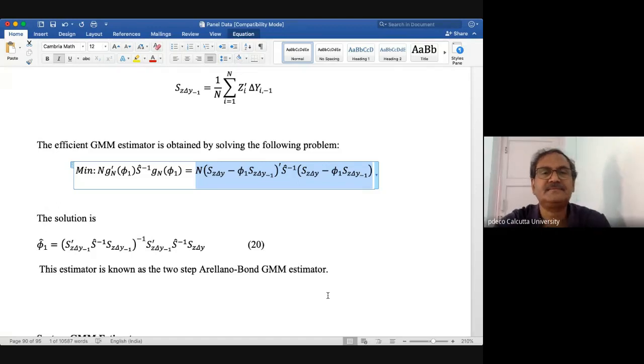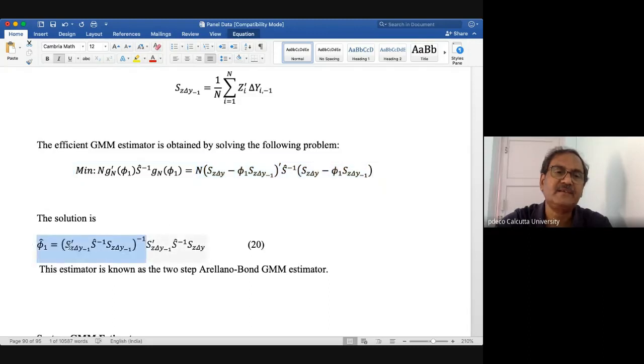Its solution: if you minimize it with respect to phi 1, you have to set the first derivative of this function with respect to phi 1 equal to 0. And after solving, you will get this result.